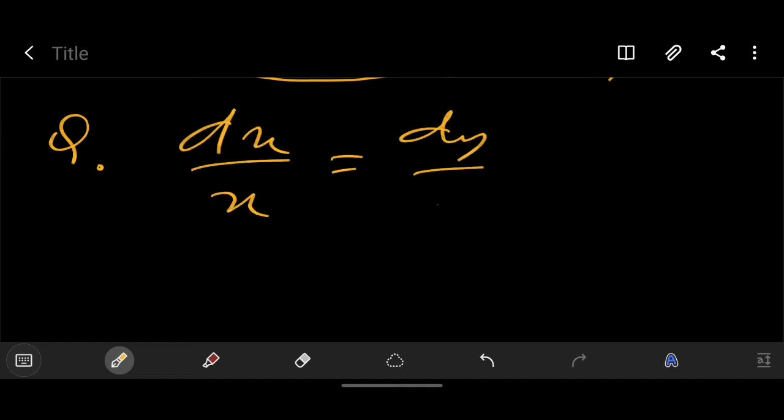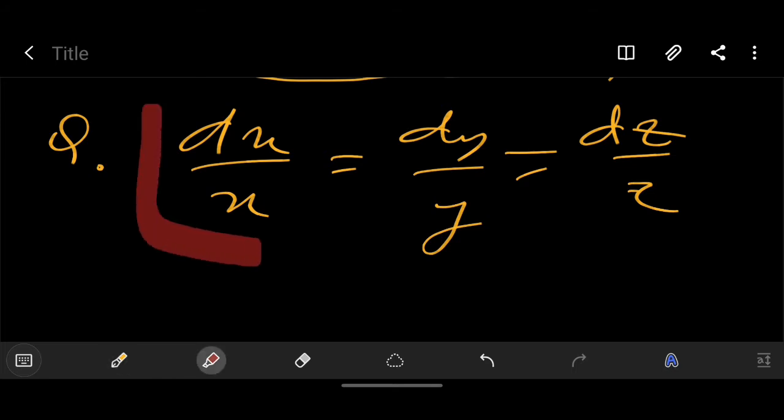Solve the simultaneous differential equation dx by x equals dy by y equals dz by z. Suppose the question gave us this. How do we find the solution? We can take all of them, or just two.